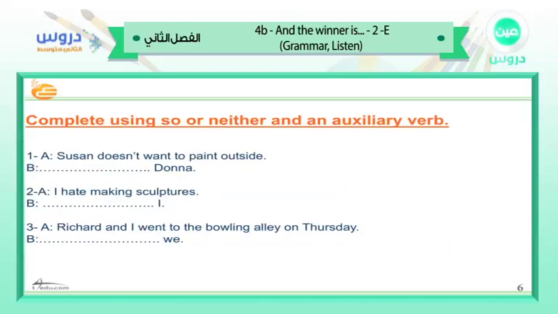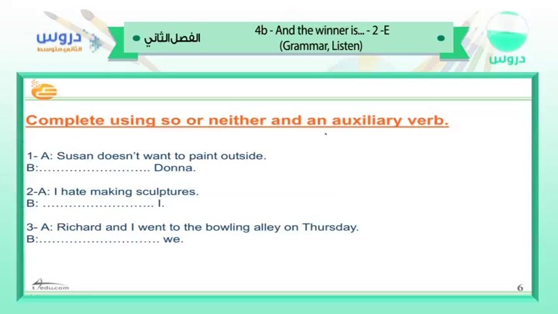Now let's do some exercises, everybody. Complete using so or neither and an auxiliary verb. Let's start. Number 1. Suzanne doesn't want to paint outside. Blank Donna. What should we use here? So or neither, and why?